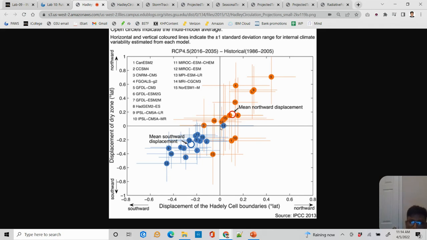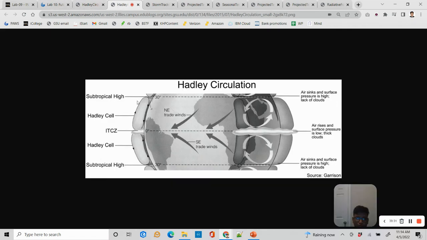What does that mean? That means the Hadley cell will be moved northward, if you take the mean, by about 0.2, northward. So the Hadley cell will move even further north.